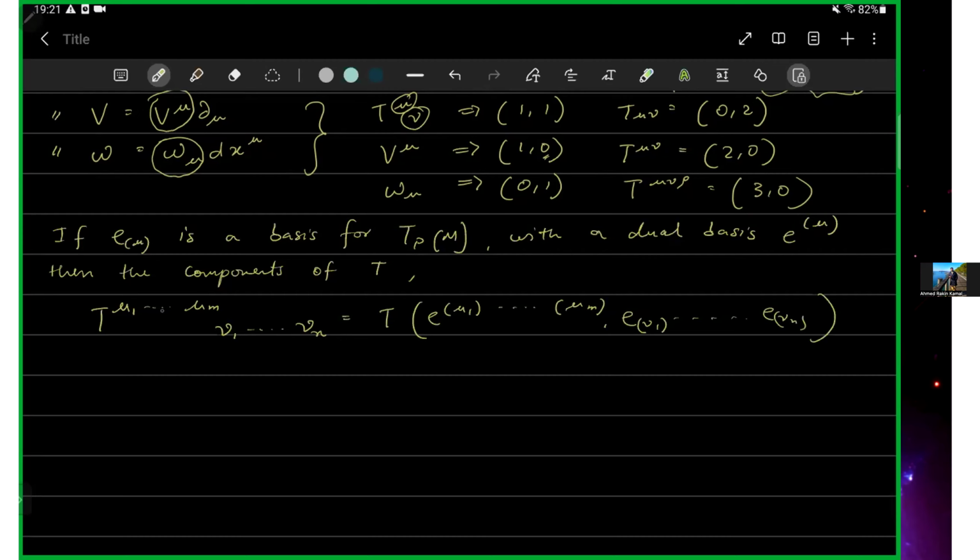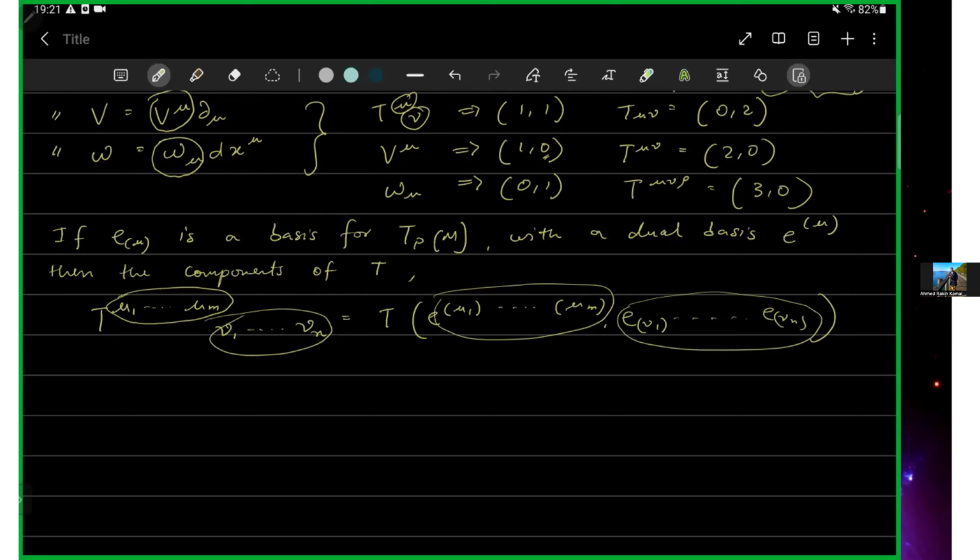So of course you see that the indices actually determine the basis and the dual basis respectively. Okay, are there any questions so far?